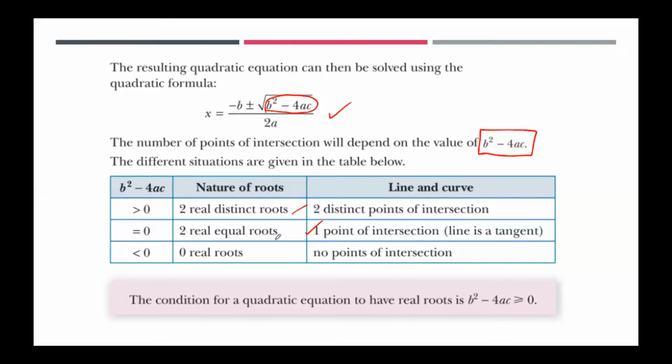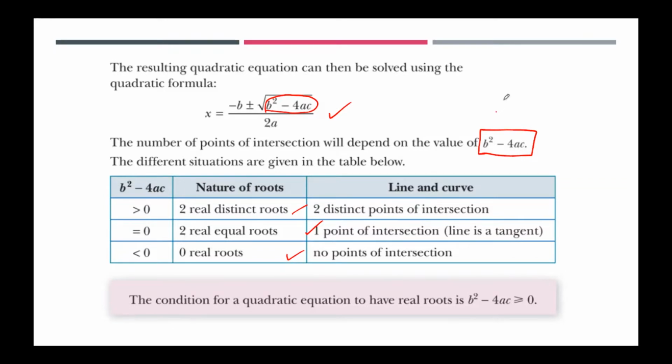So that means you have no real roots, or in other words, no points of intersection.